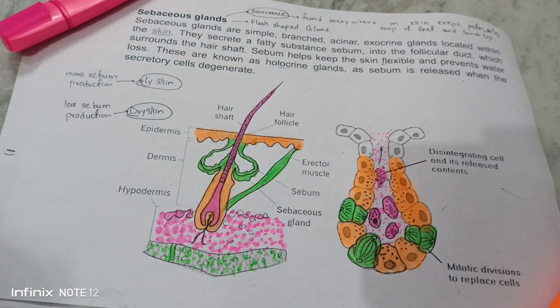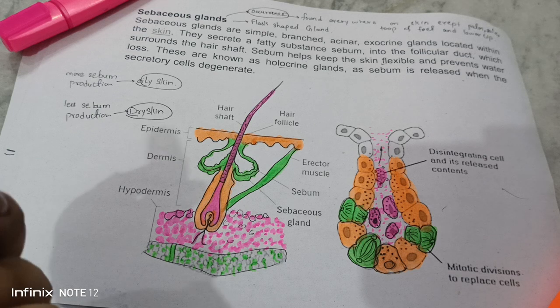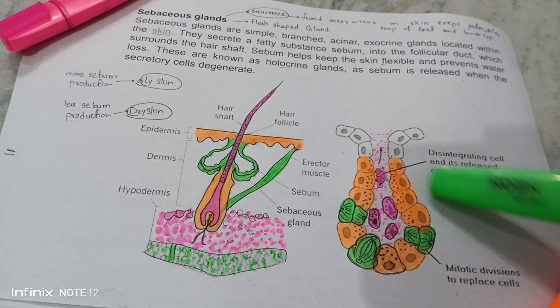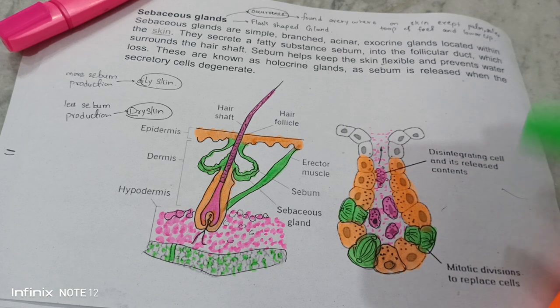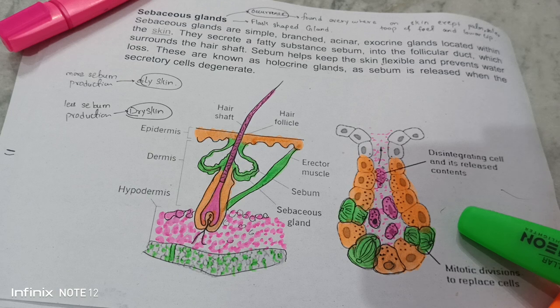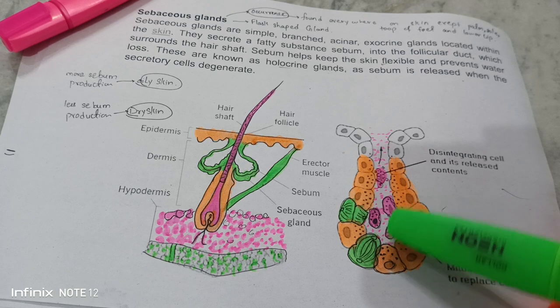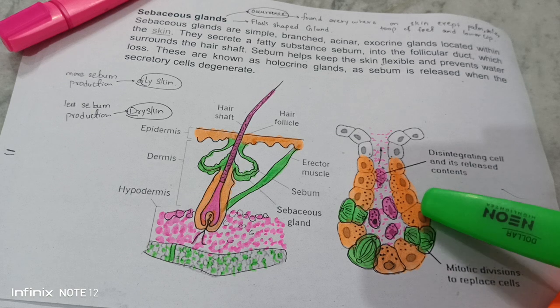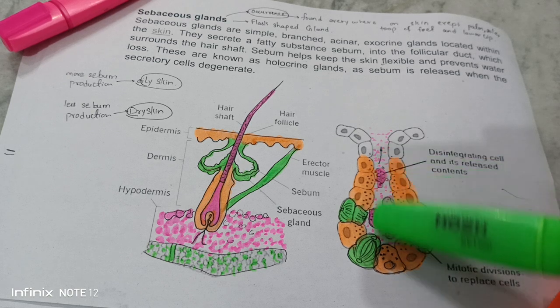In the previous lecture, in the introduction of exocrine glands, I explained in detail the holocrine glands, what they are. In this diagram, you can see this structure is showing a holocrine gland. What are holocrine glands? Actually, they are glands in which not only are secretions released by the secretory cells, but the cells themselves are also removed.